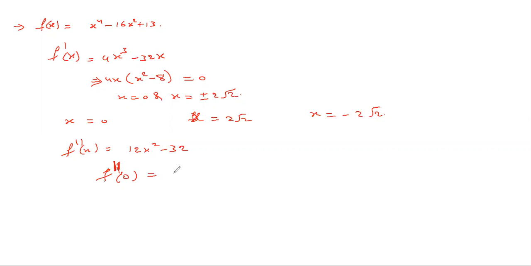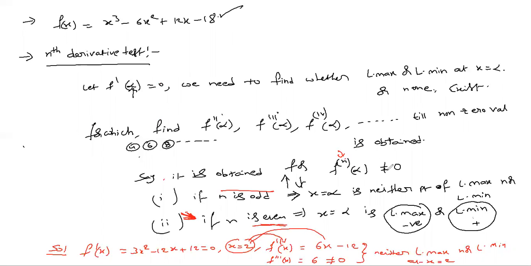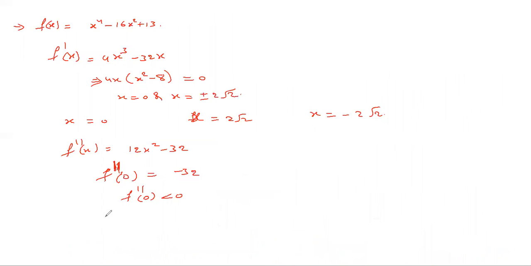If you substitute 0, it will be negative 32, meaning f double dash of 0 is negative. Whenever f double dash is non-zero and negative, what will be the answer? Local maxima. x equal to 0 is a point of local maxima.